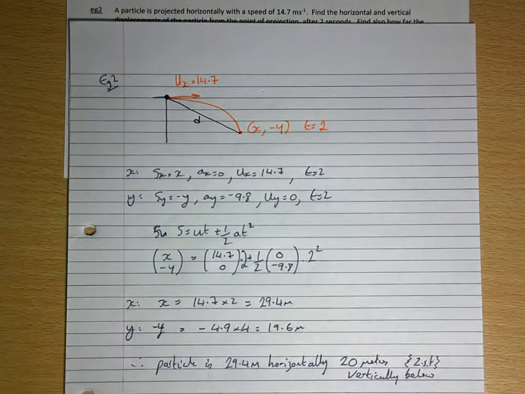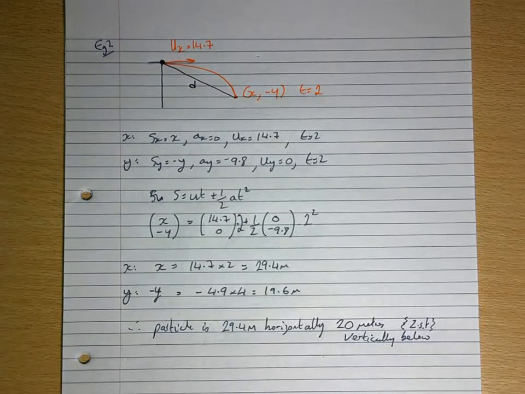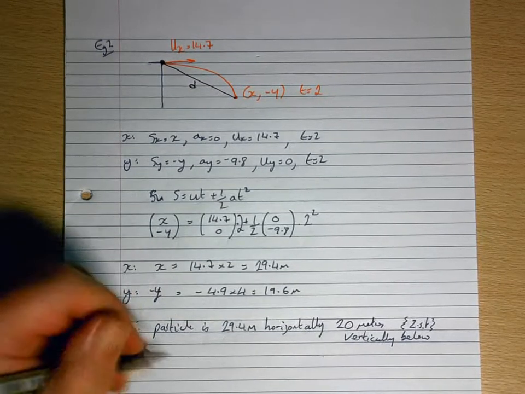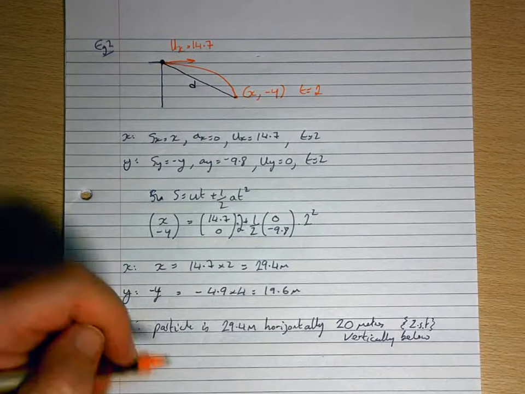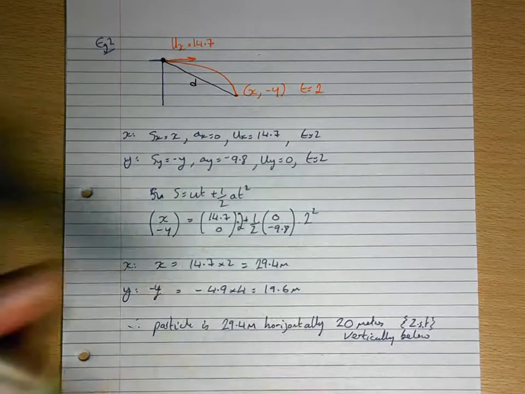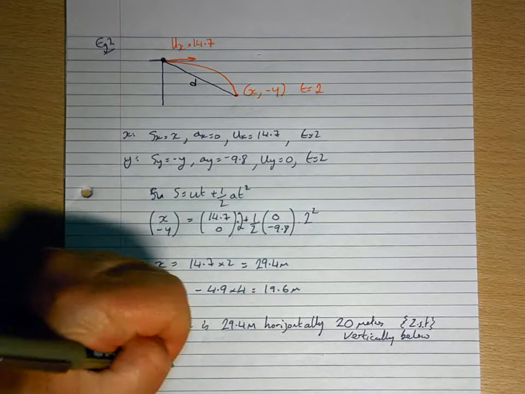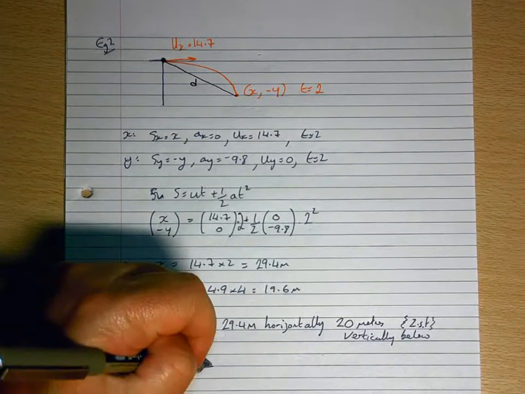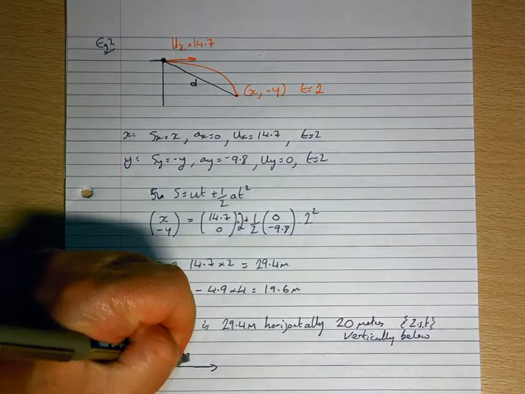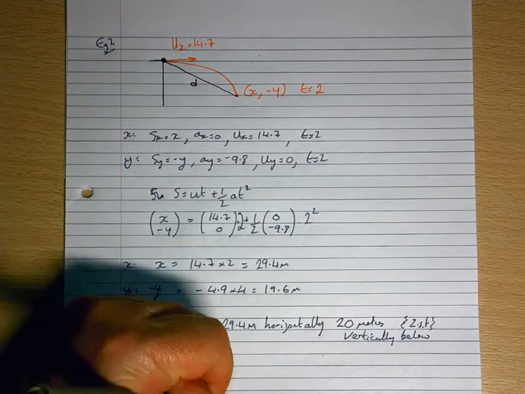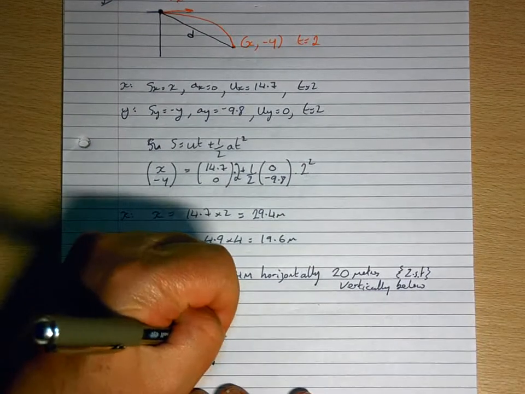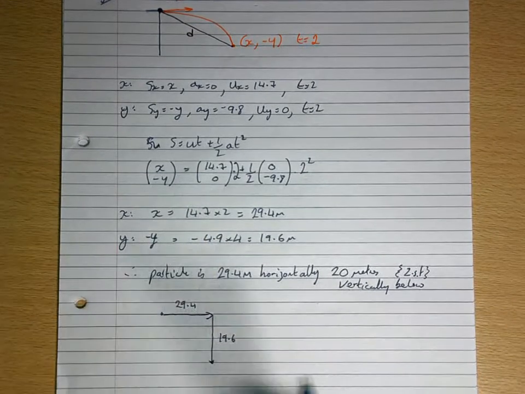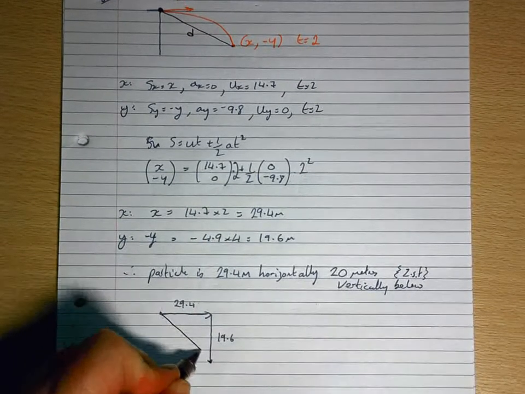And that distance d, if we just draw it here, so what we've got is from the point of projection a horizontal distance of 29.4, a vertical distance of 19.6, and they want to know what the hypotenuse is.